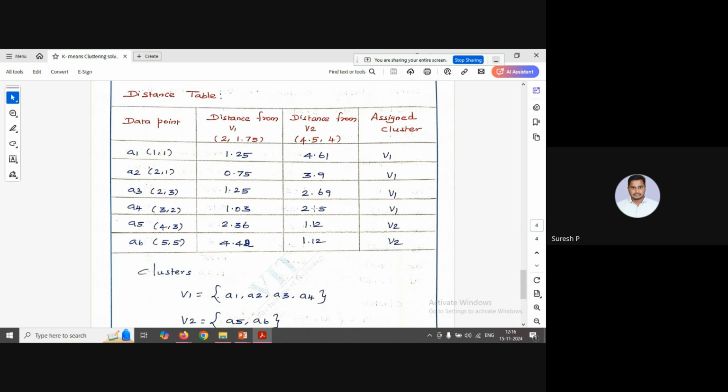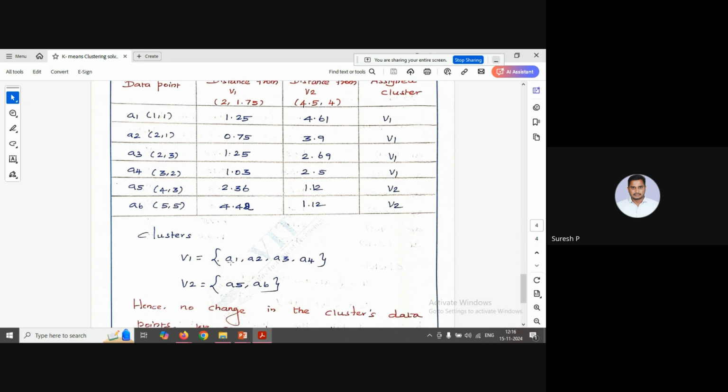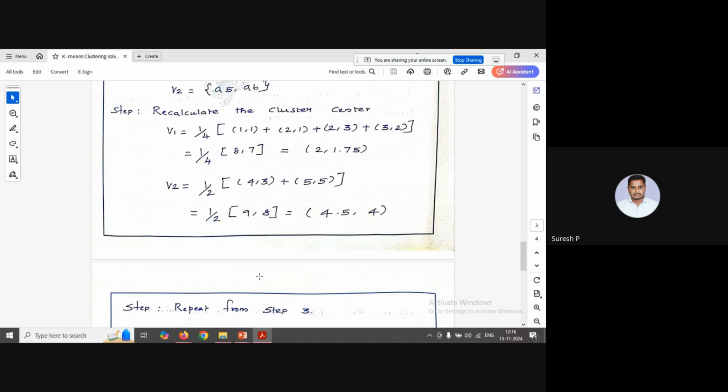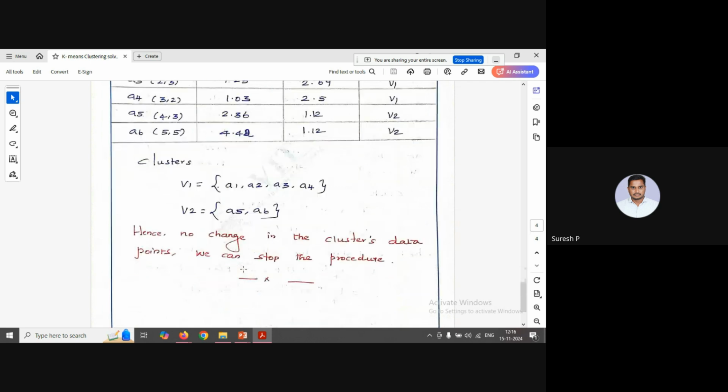Then 1.03, 2.5, V1 is the smallest value, so V1 here. So now we again have V1 with A1, A2, A3, A4, and V2 with A5, A6. Between the previous iteration and this iteration, there is no change in the cluster data points. Hence we can stop the procedure.